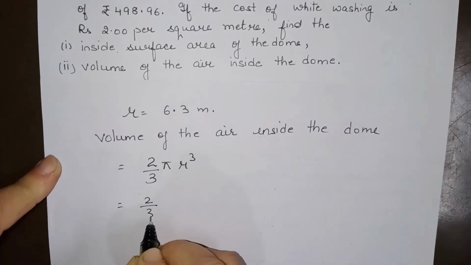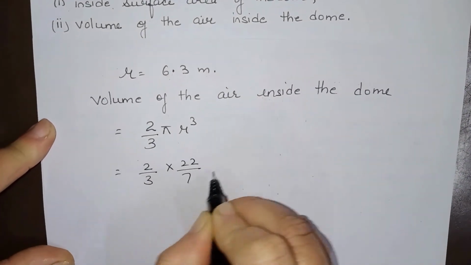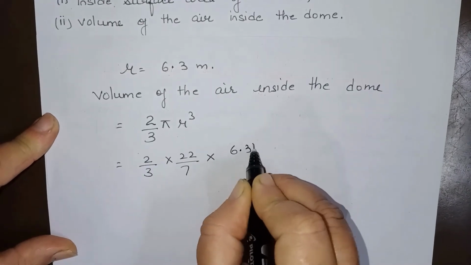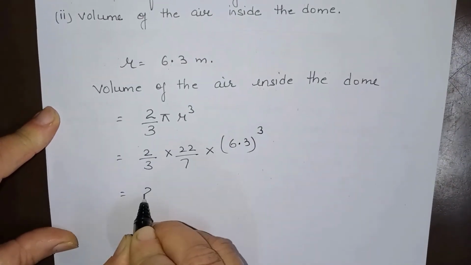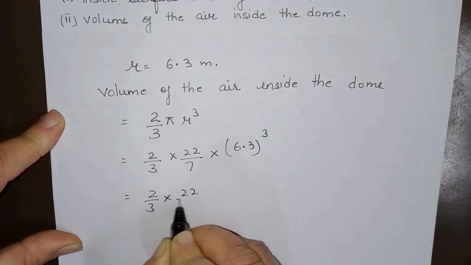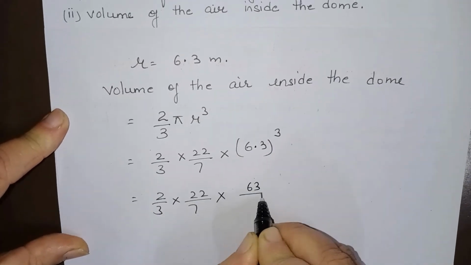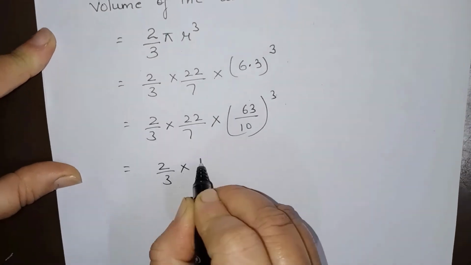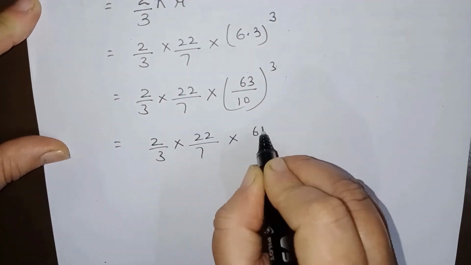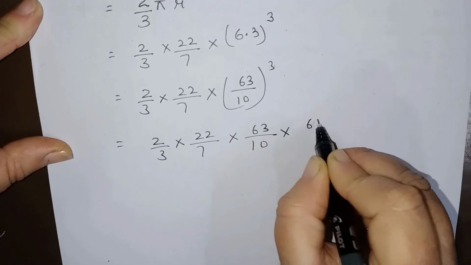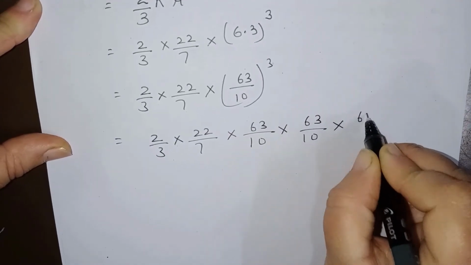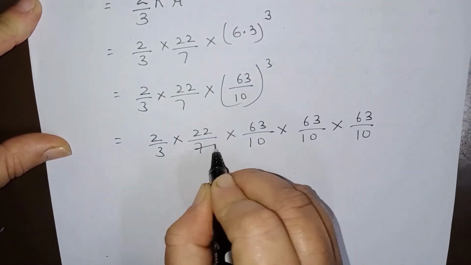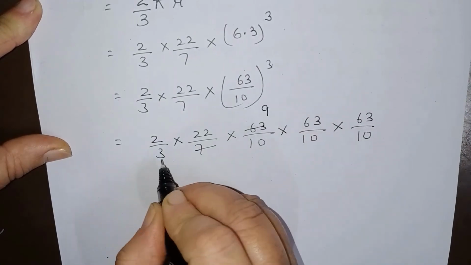So this is 2 by 3 into 22 by 7 into 6.3 cube, which is equal to 2 by 3 into 22 by 7 into 63 by 10 cube. Now which is 2 by 3 into 22 by 7 into 63 by 10 multiplied by 63 by 10 multiplied by 63 by 10.